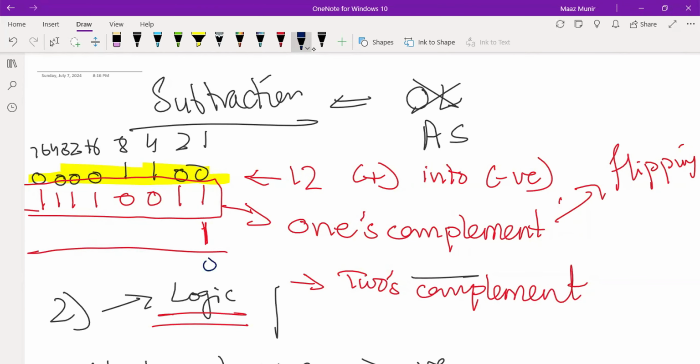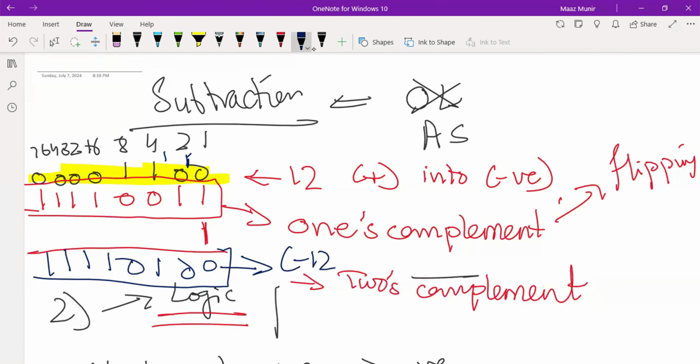So we have 1 plus 1 is 0 with a carry of 1 up here. 1 plus 1 is again 0 with 1. 1 plus 1, and 1 plus 0 is then a 1. So we have the binary number up here. Now, this binary number which we get in the end after adding 1 to the flipped value represents minus 12.